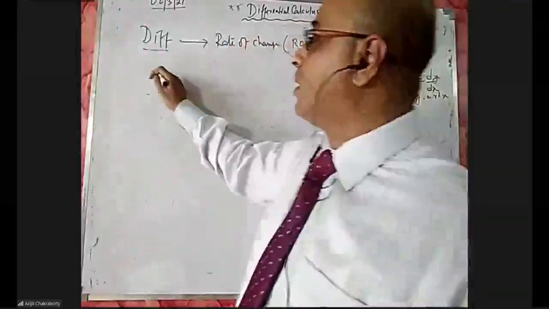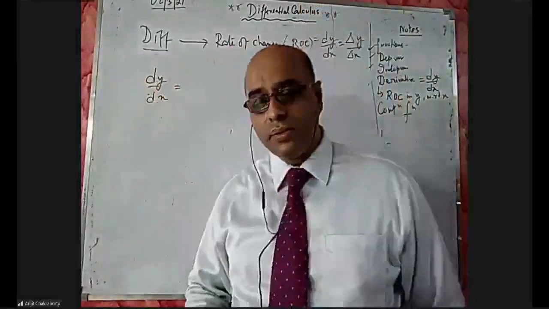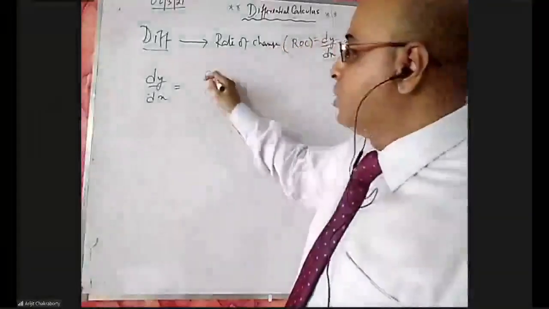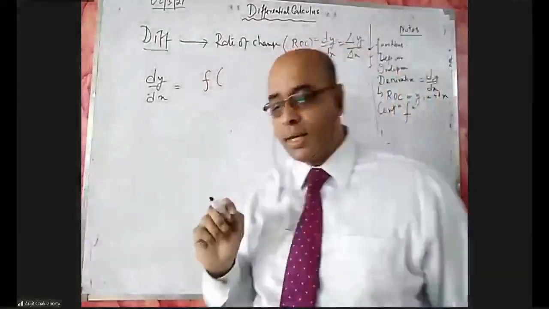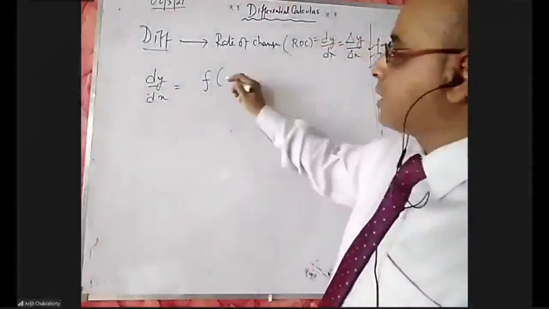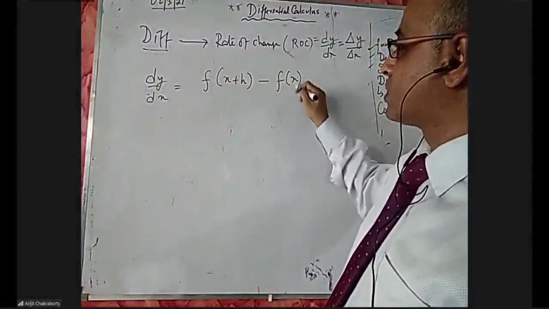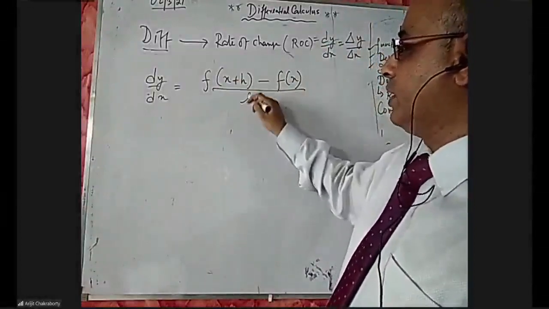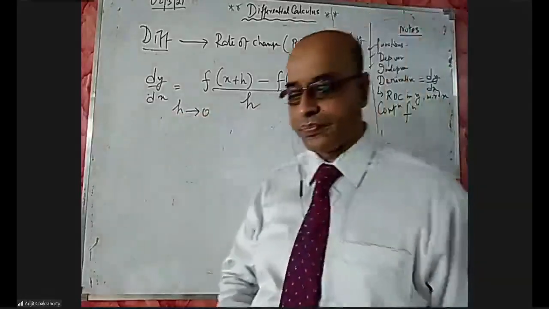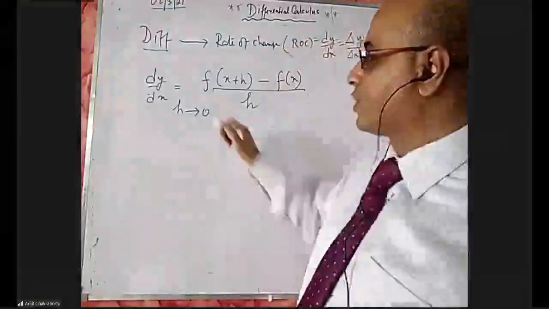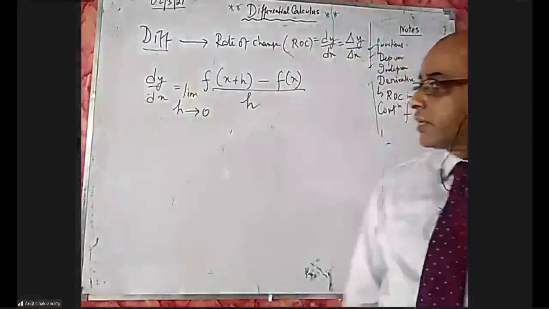So dy by dx is equal to function, please see carefully, f(x plus h) minus f(x), divided by h, and h is tending towards 0. And here we also write the word limit. This is dy by dx.